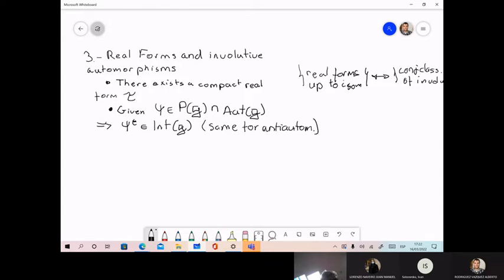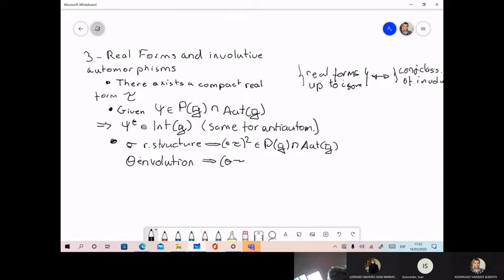Right. So our aim today is to construct, well, also we have proven, I think, that if sigma is a real structure, then sigma tau squared is a positive definite automorphism, and if theta is an involution, then theta tau squared is also a positive definite automorphism.